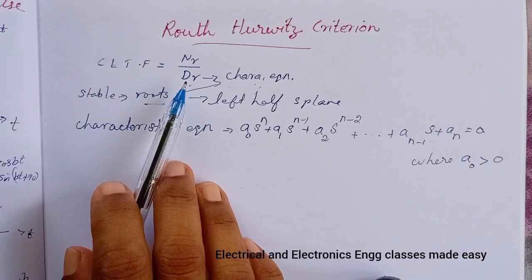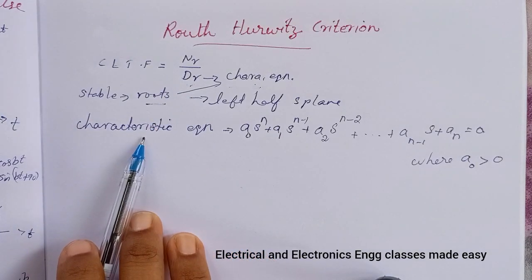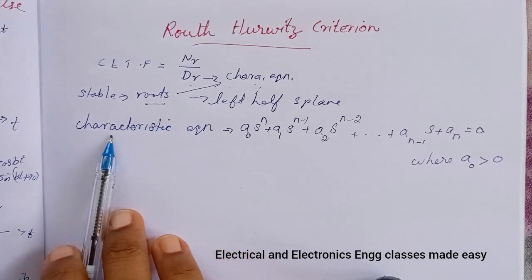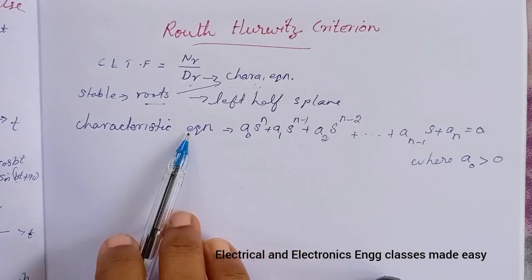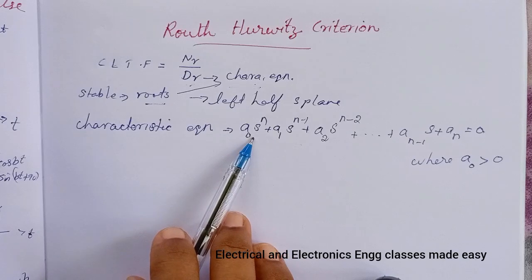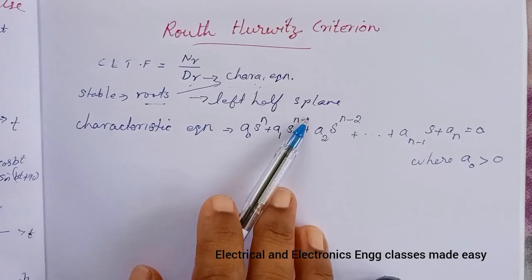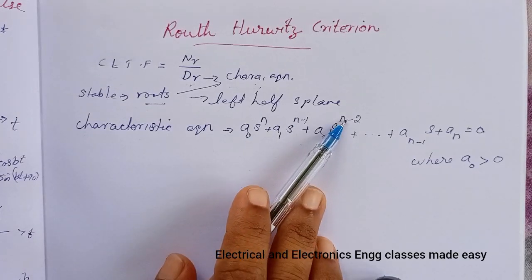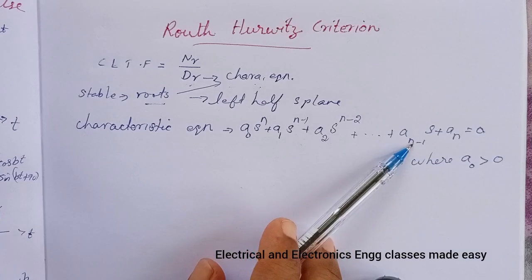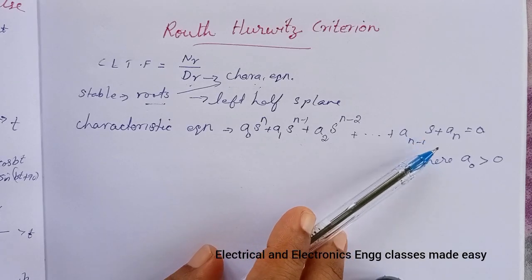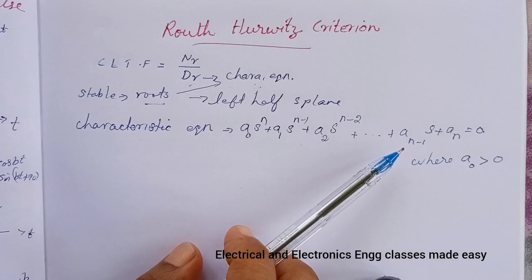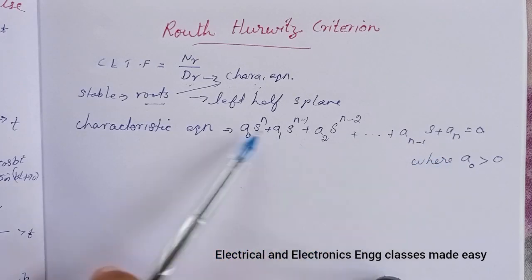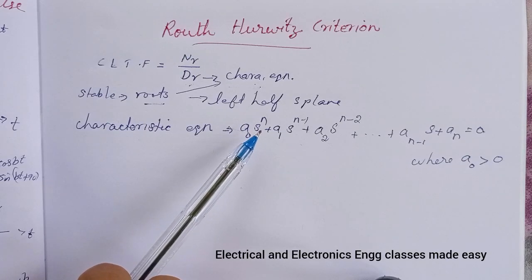The Routh stability criterion is based on ordering the coefficients of the characteristic equation. That is, let a0 s raised to n plus a1 s raised to n minus 1 plus a2 s raised to n minus 2 plus etc. plus an minus 1 s plus an equal to 0, where a0 is greater than 0.